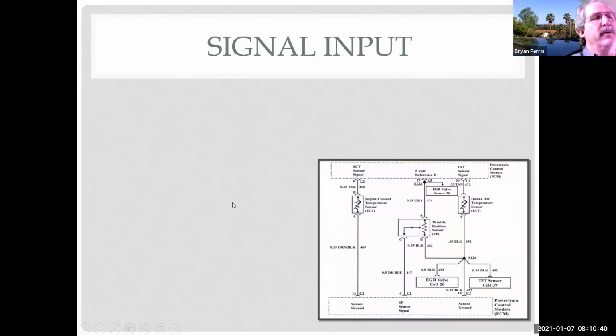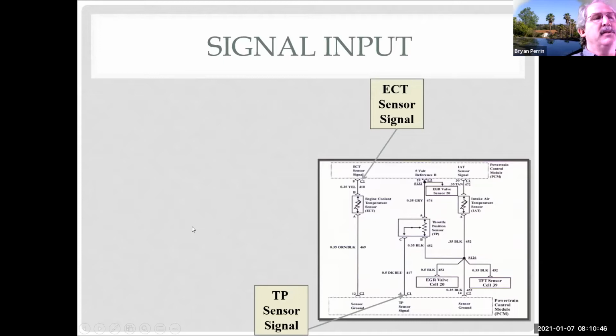So signal input. Here it just says throttle position sensor signal. There is ECT sensor signal and IAT sensor signal. So that input is going to vary based on the type of sensor. And we're going to get into sensors so that you'll be able to look at this. But we can see here my engine coolant temperature sensor and my intake air temperature sensor.